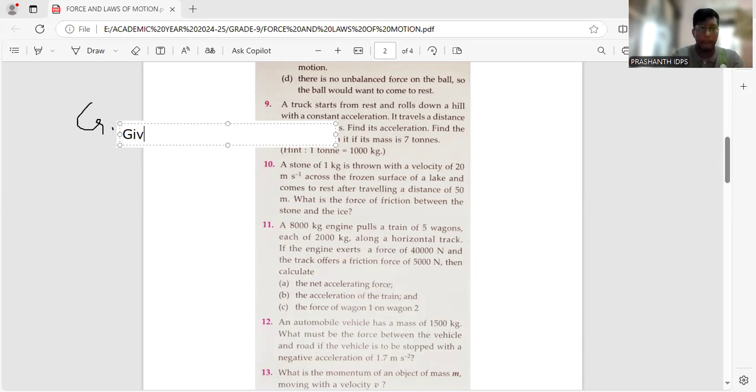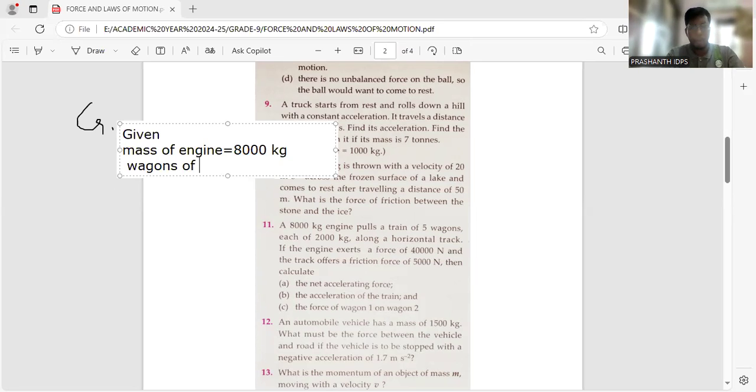Given: mass of the engine is equal to 8,000 kilograms. And wagons of 2,000 kg each.